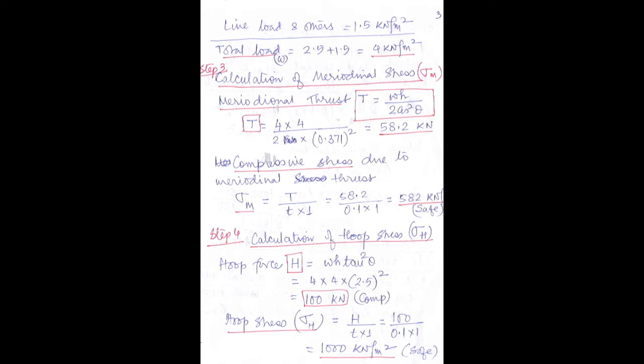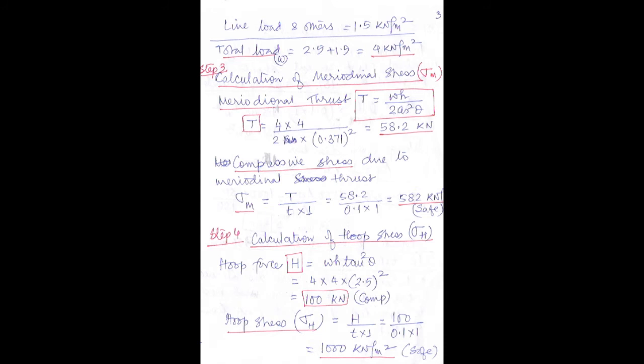Remember, this is the meridional thrust. Due to this meridional thrust, a compressive stress is generated, which is the meridional stress. So sigma m is equal to the stress value. We can find the stress by the load divided by the cross sectional area. T is the thickness, and 1 is the per meter length.